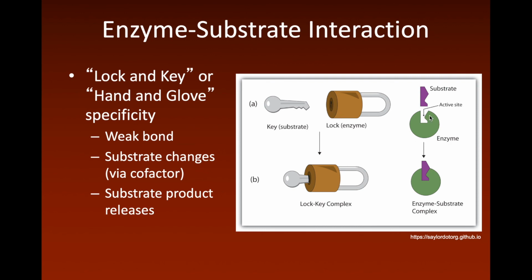Here's another picture of this where we have some substrate that has a very specific chemical composition and its own particular folding pattern, binds and docks at a very specific site on the enzyme called the active site. And if this is a perfect match, then we have an enzyme substrate complex wherein the substrate can now be modified through a cofactor and then a product is released.